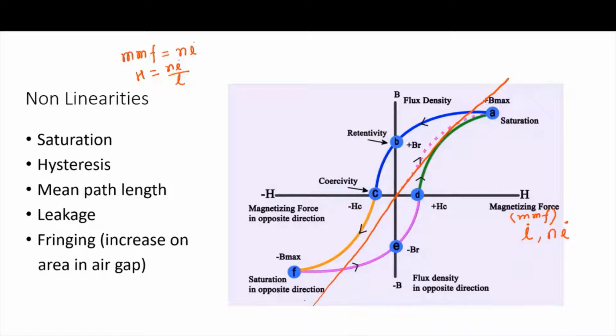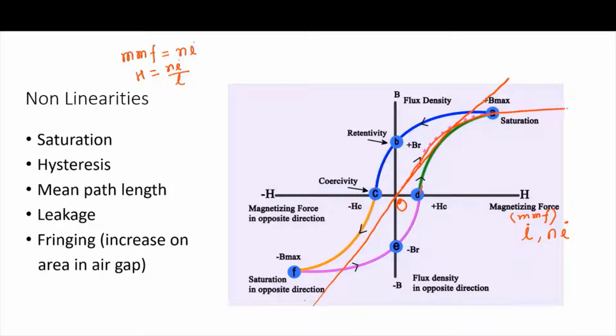So what happens if you got a material, you wound some coil around it and created some number of turns, given some current? It will start from zero. So from zero current, you have zero flux. Slowly it will go to this point. If you proceed further, what will happen? It will happen something like this.